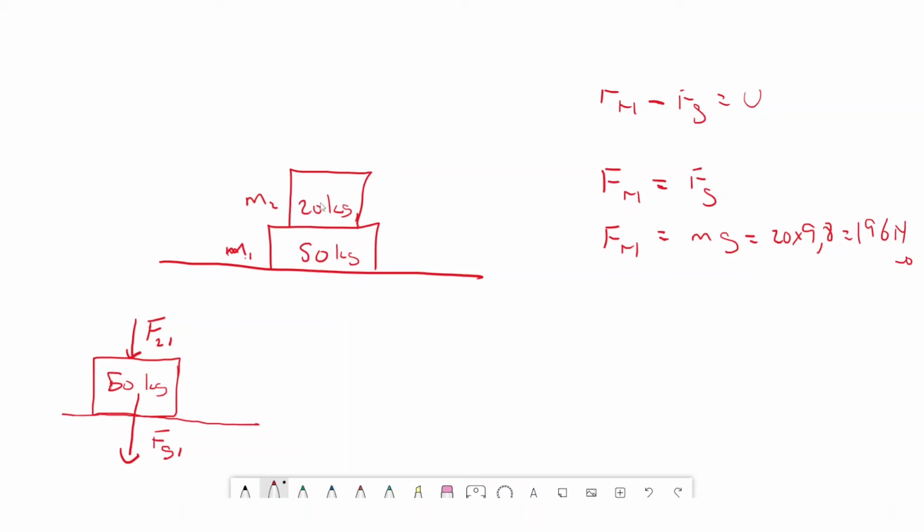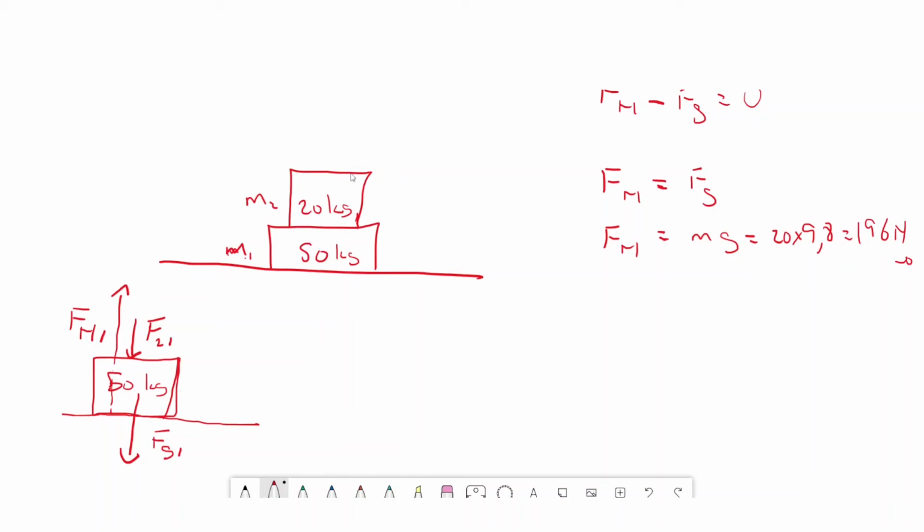If it's not moving, it's not going up, it's not going down, it's not going to the right, it's not going to the left, the surface is going to apply a force that is going to go up. That is going to try and balance these forces, and that is going to be the normal force that will be applied on box 1. I'll call it Fn1. So I want you to find that normal force.